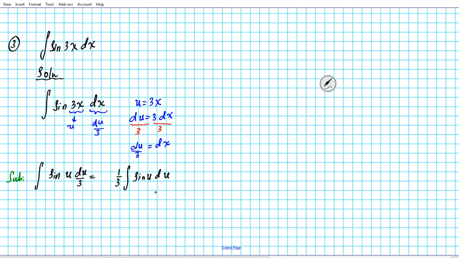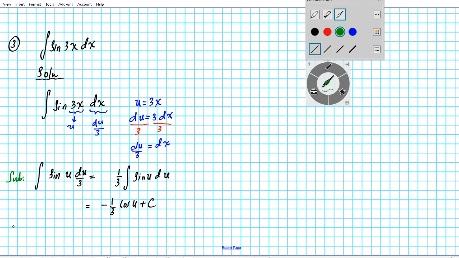Okay? Now using our knowledge of integration of trigonometric functions, the antiderivative of sine is negative cosine. Okay, so if we integrate that, we're going to have negative 1/3 cosine u plus c, since it's an indefinite integral.